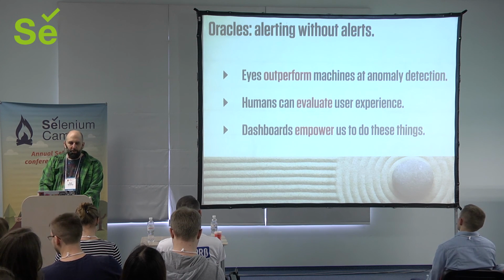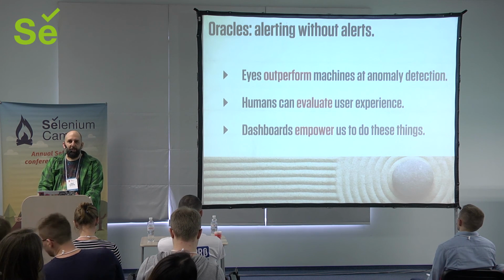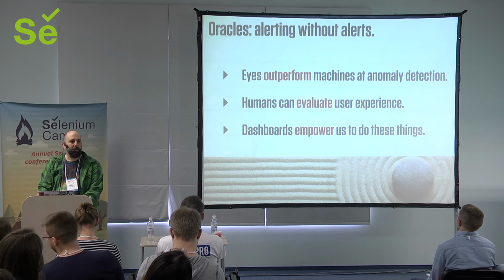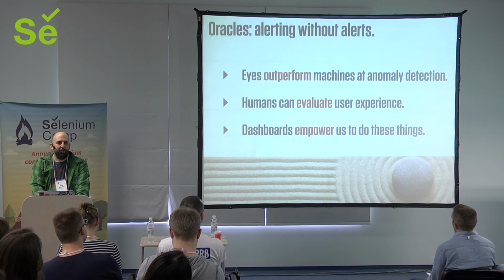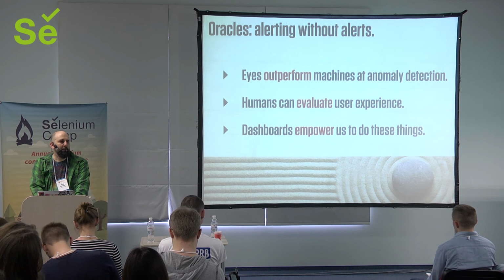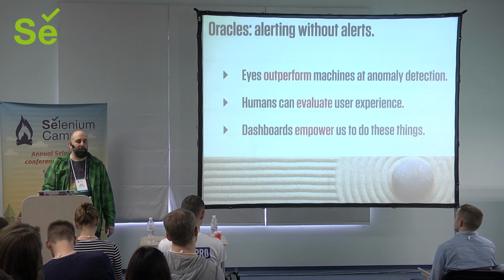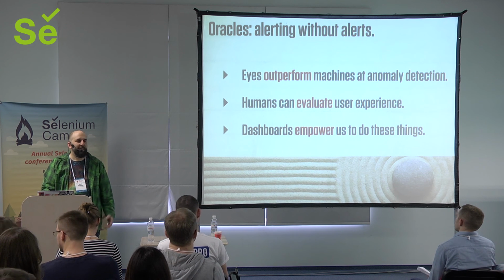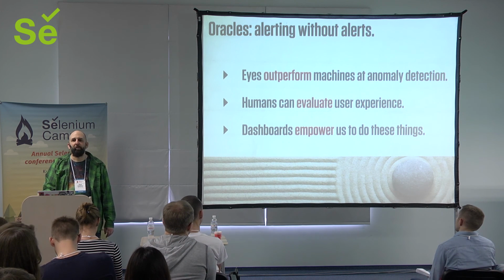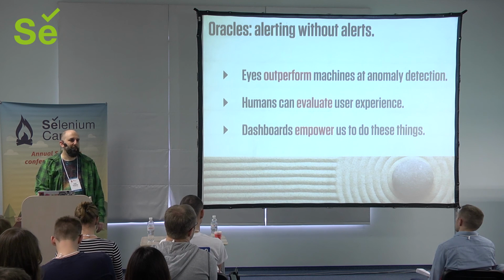So in conclusion, oracles, as I think of them in this context, are basically alerting without the alerts. Rather than trying to create some kind of machine learning system that would be capable of making statements about those changes, we simply display the changes visually.